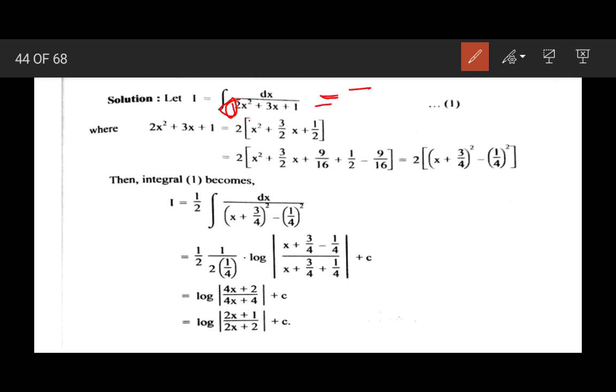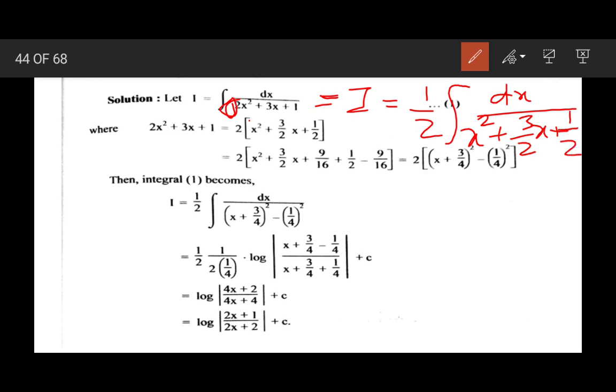So now I will be 1 upon 2 integral dx upon x square plus 3 upon 2 x plus 1 upon 2. Taking 2 outside means I have to divide the whole denominator by 2. So I will get this quadratic equation.